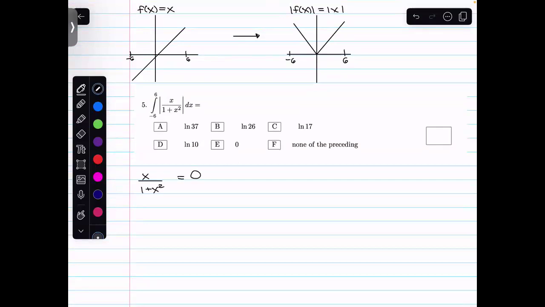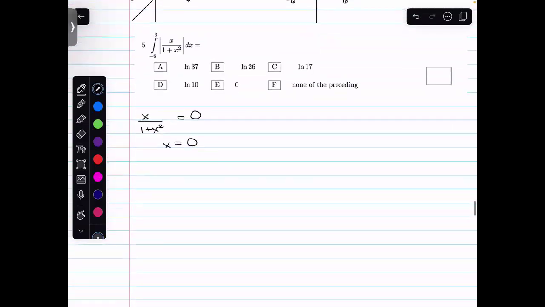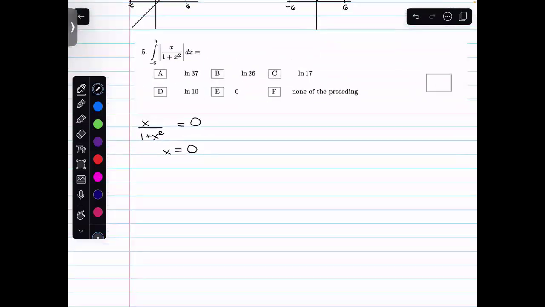If you multiply the denominator over, you just get that x equals 0. You could also get more than 1 point in other cases. And so for integrating from -6 to 6, instead of having the absolute value inside, which is messy to work with when you're integrating, you can think about it graphically.